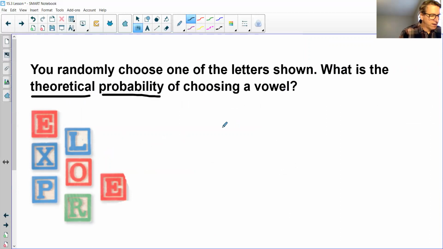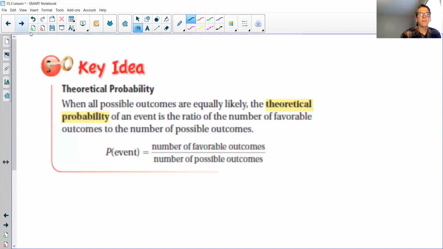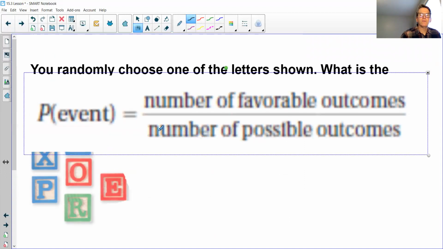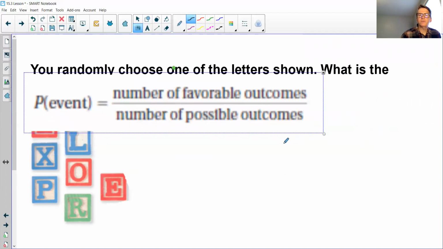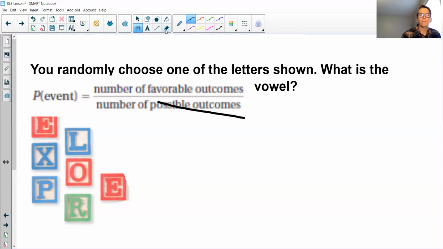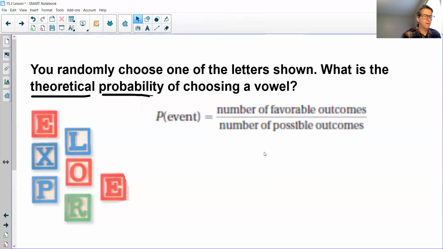Okay, choosing a vowel. For a theoretical probability, it's the number of favorable outcomes over the number of possible outcomes. So we're looking for the theoretical probability of choosing a vowel.